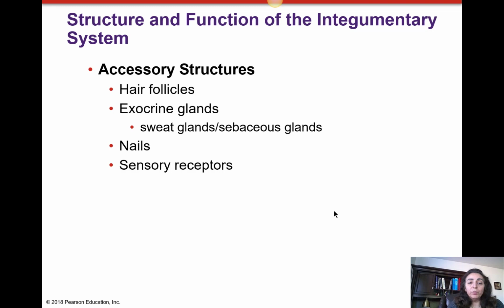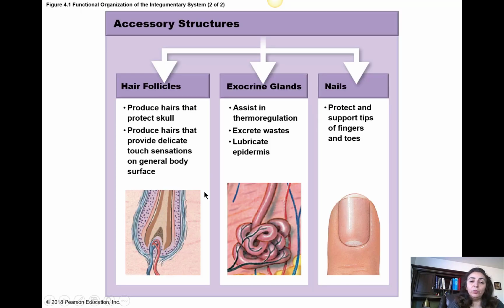So besides the skin and the hypodermis, we have accessory structures, as we talked about before, and at the end of the chapter we're going to review them. Regarding their general functions, we have hair follicles that produce hairs that protect the scalp. Hair follicles are the layers that are covering around the hair.